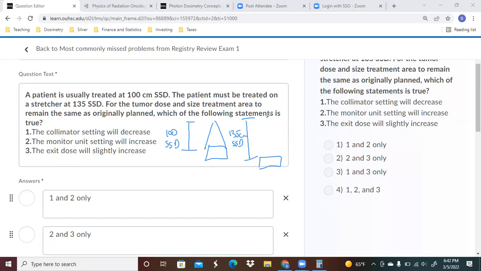What's going to happen is, in order for us to make sure that we hit the same volume, we're going to tighten down on the collimator.